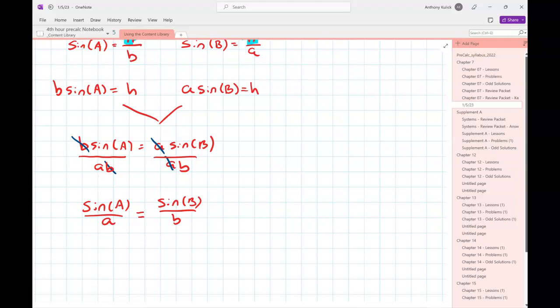I don't actually need that value for that altitude h that I drew in there. It doesn't end up in my final formula, which is fantastic.